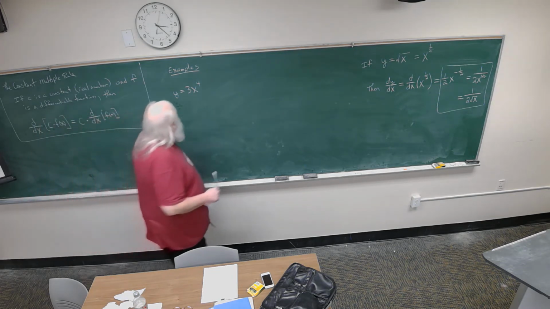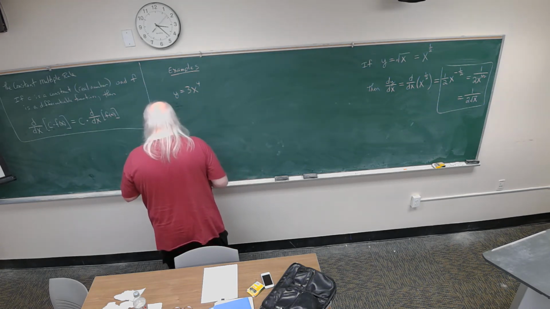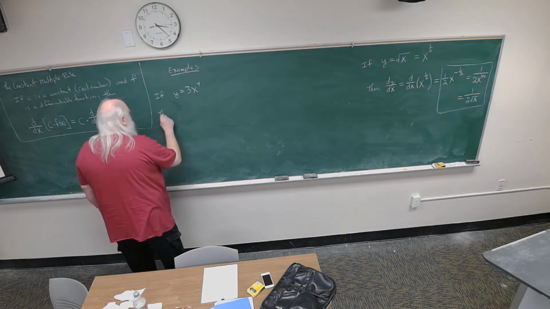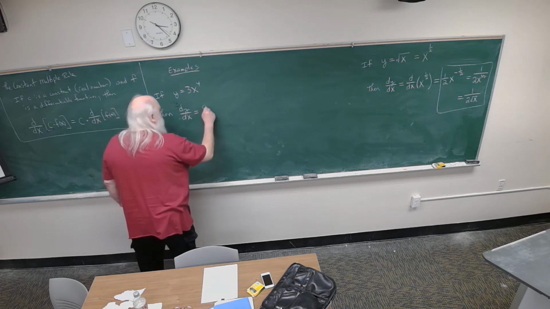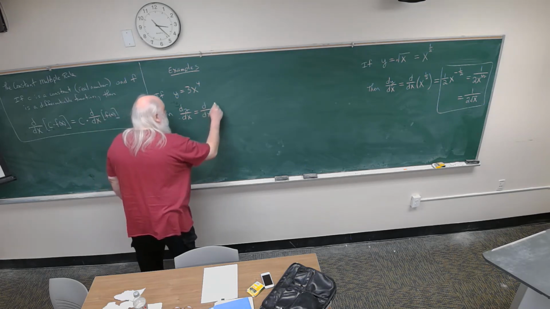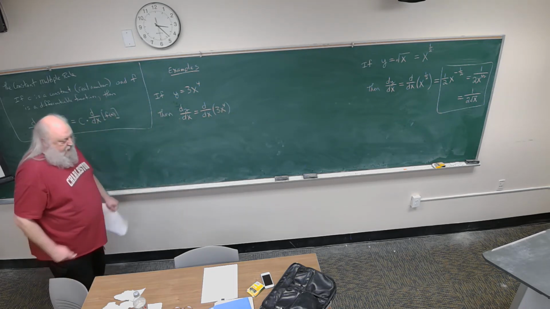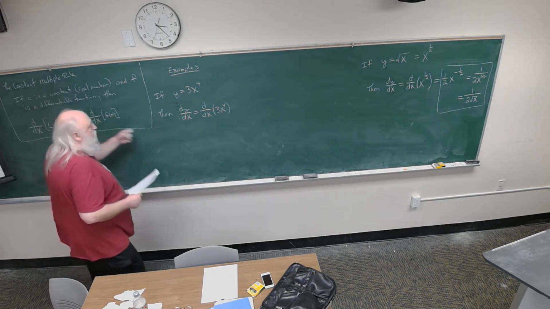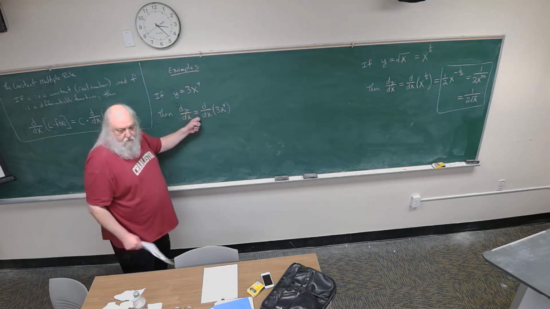And it's implied that you're applying the rule. So we have y is equal to 3 times x to the 4th. So the derivative of y with respect to x is equal to the derivative of 3 times x to the 4th with respect to x. And by this constant multiple rule, 3 is just a multiplicative constant. I can pull it out in front of the derivative.